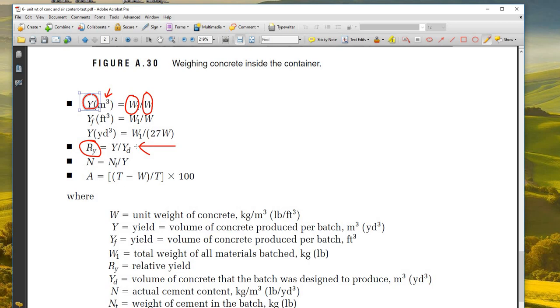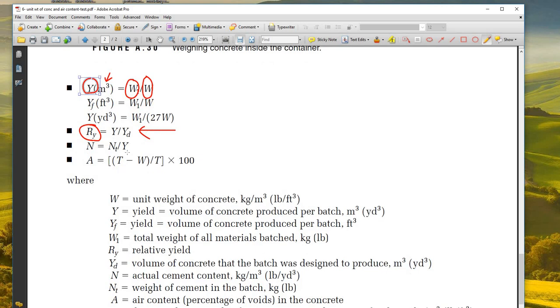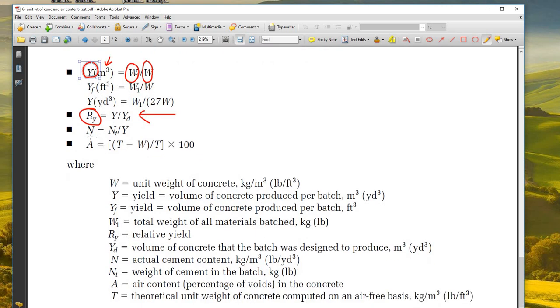YD is the volume of concrete that the batch was designed to produce, the designed yield. So we want to know the relative yield, the ratio between our yield and the designed yield. And then we have N, which is the actual cement content.